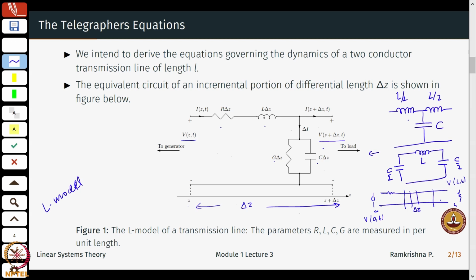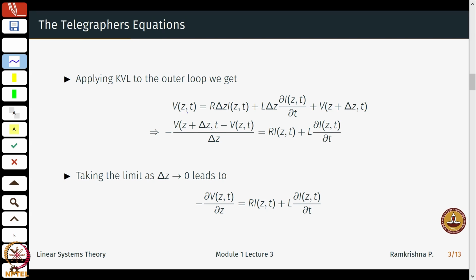Okay. So, if I apply the basic voltage laws, if I call the current through this branch as I(z), I just have this simple equation here, right, that V(z,t) is R for the little element delta z, the current, plus L di by dt, right.